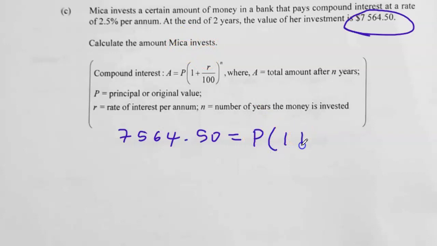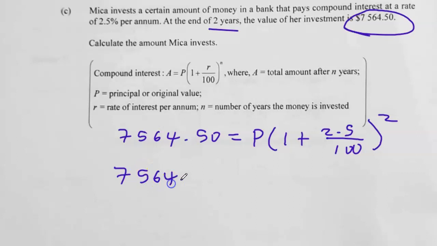And then 1 plus, and the rate is what, 2.5%? So it's 2.5, which is rate R over 100. And N is the number of years, 2 years, so 2. So let's simplify this and try to find the value of P. 7564.5 equal to P, the bracket.